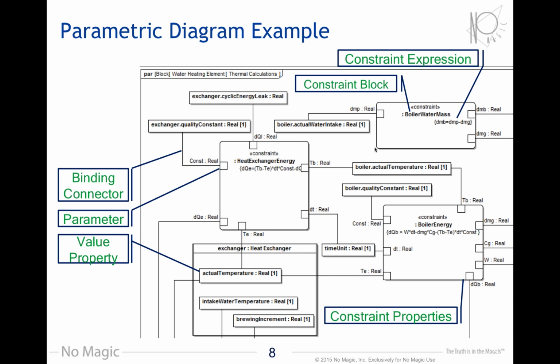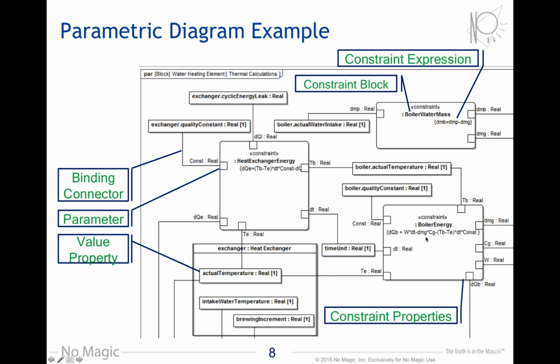So in this context, a tool automatically creates a block usage, which is called a constraint property. So a constraint property is the usage of the constraint block, and after the colon you can see the constraint block name. Then all those parameters are represented in a different graphical representation.